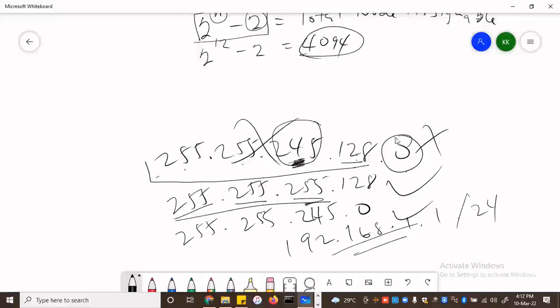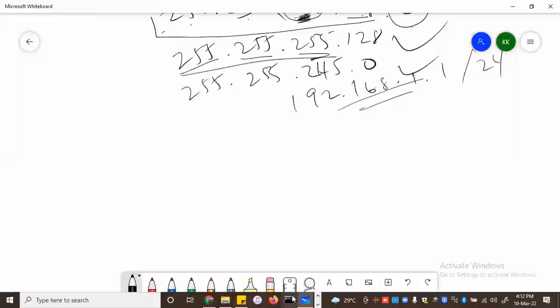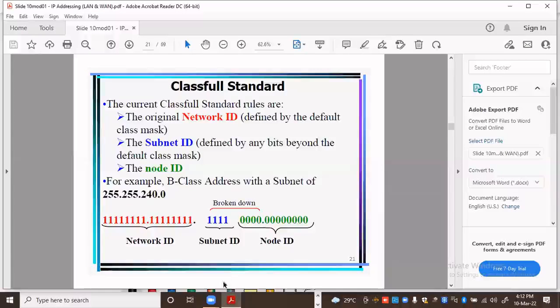Okay, so moving on. Now let's go back to the slide. From this we can identify our subnet IDs as well as our node IDs. So that's like the 2 scenarios where you can compute the network IDs and the node IDs.